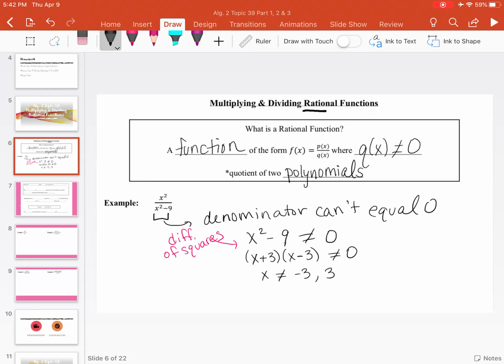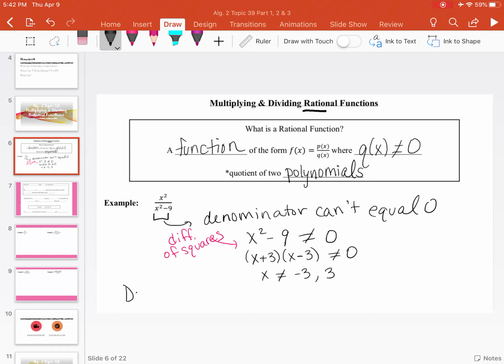So because we're dealing with x and we have these restrictions on x, what can x equal? Well, because we're dealing with x, this is referring to the domain. So the domain, we know, is all of your values of x.